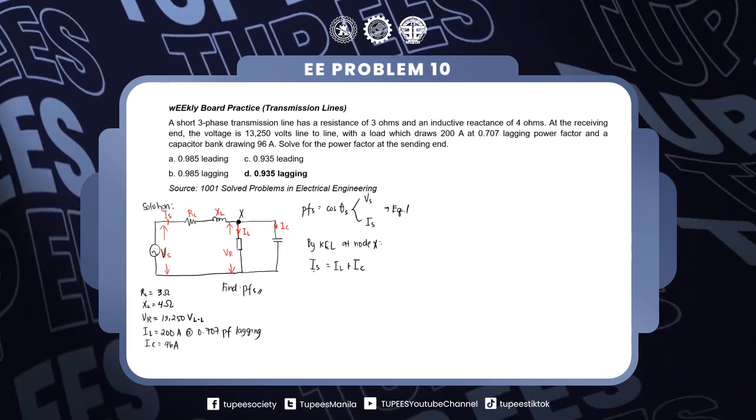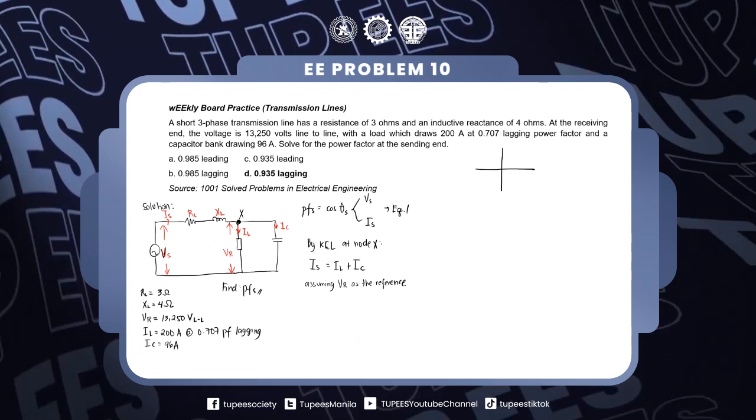Since these quantities are vectors, they have an associated direction. Let's draw a vector diagram first. In this problem, it is easier to solve if we assume the receiving voltage VR as the reference phasor.